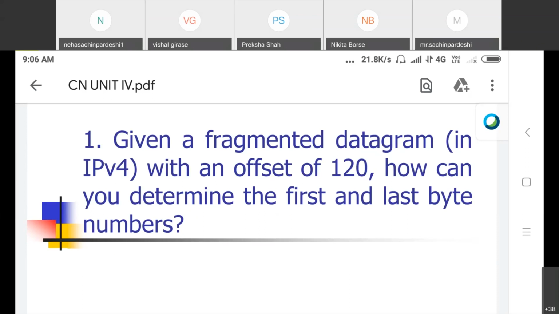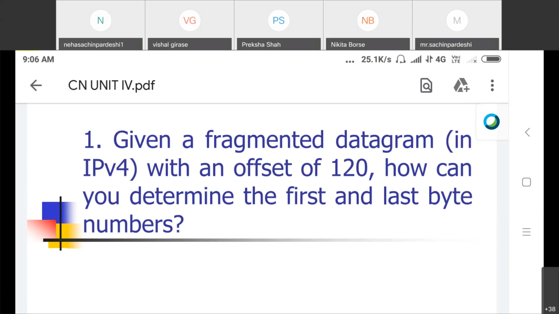These problems I have already uploaded on Moodle, and the same problems are available in the PPT also. You can refer to the separate file or the Unit 2 problems, where the problems and solutions are available.